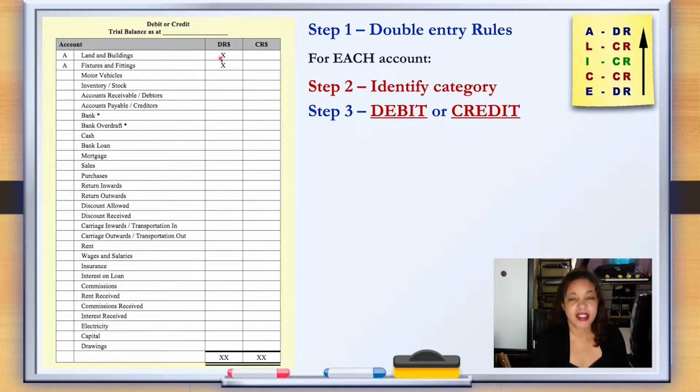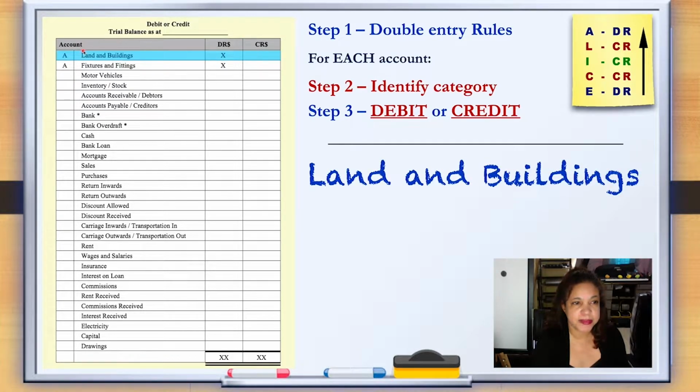Nice. So we're just going to go through. As I said, land, asset, debit. So you put it under the debit column, represented by our X for now because we don't have monetary values for this one.